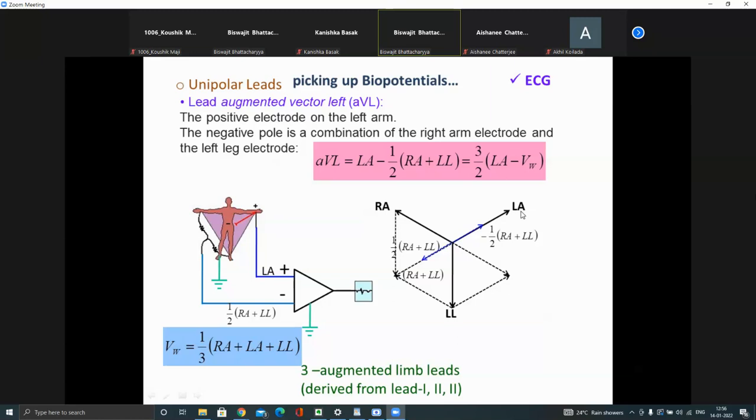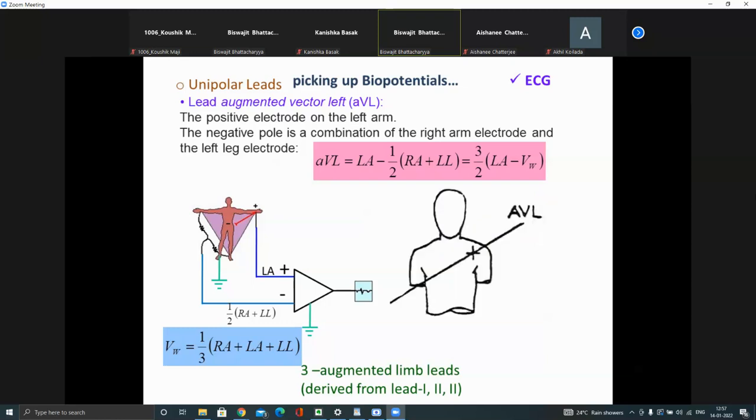See the vector diagram carefully. So once we know this, our final voltage is AVL, augmented vector left. Its direction is towards our upper left corner.